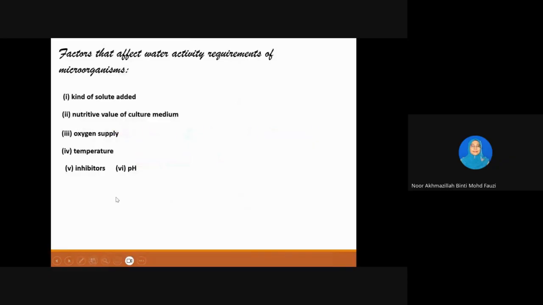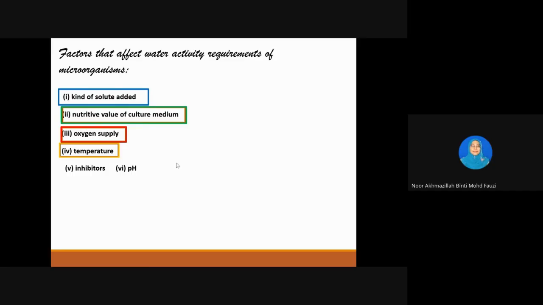The factors that affect the water activity requirements of microorganisms are the kind of solute added. If you still remember, the solute can be sugar, salt, or spices. Then the nutritive value of the culture medium, oxygen supply, whether the bacteria is aerobic so it needs oxygen, temperature, and also inhibitors or pH.